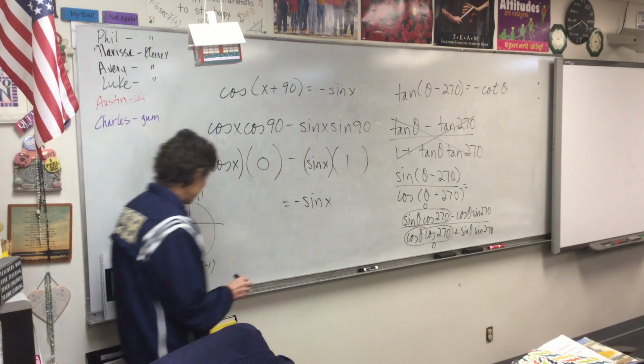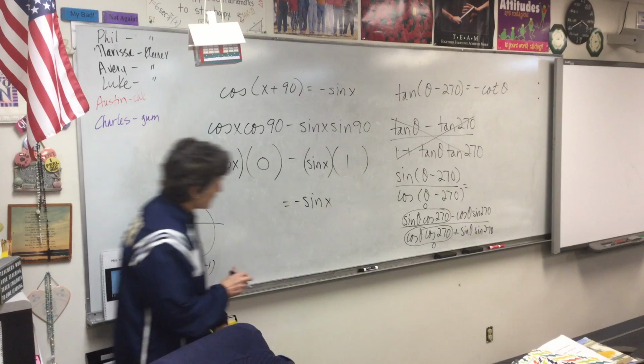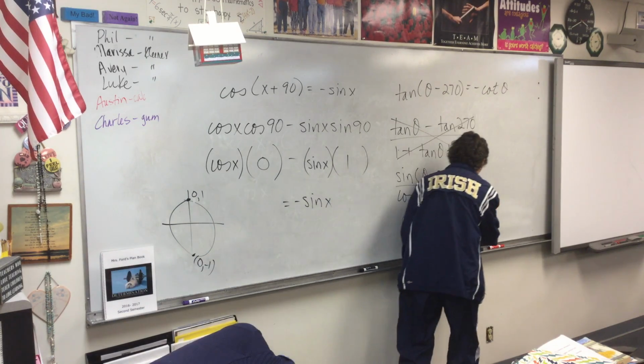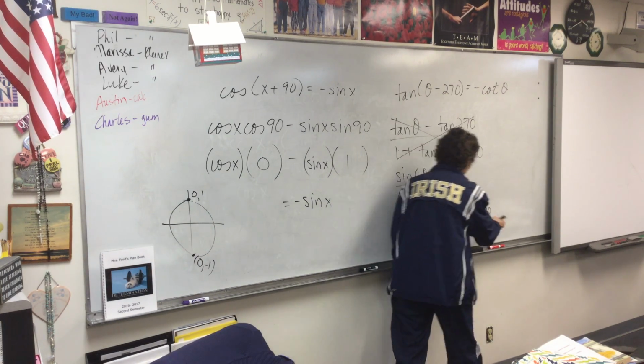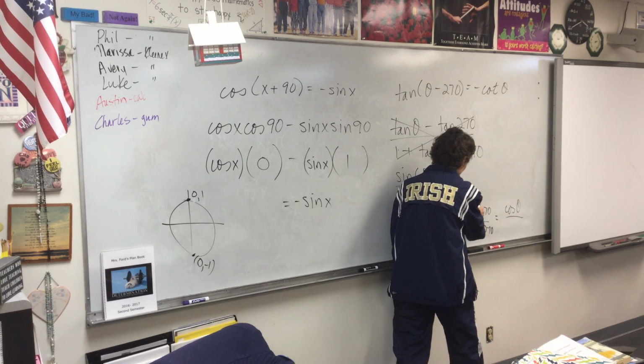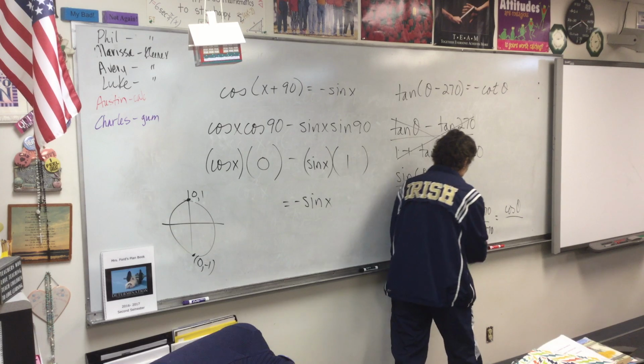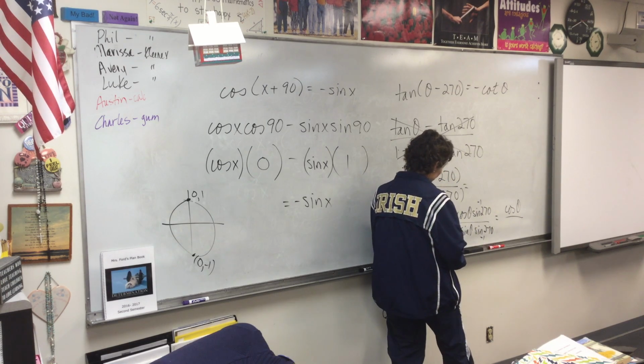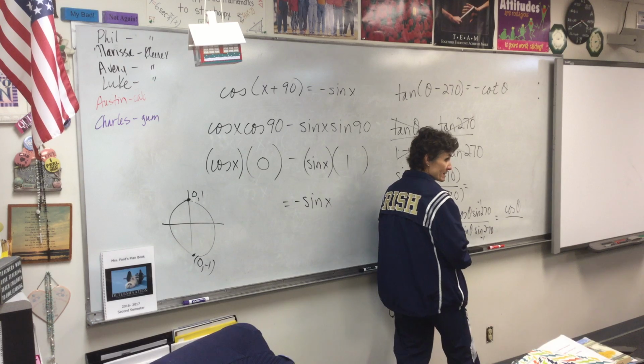Okay, what about the sine of 270? Negative 1. So I'm going to put a negative 1 in here. So my top is positive cosine, because it's minus a negative 1 cosine. Then put a negative 1 down here, and that would be minus sine.